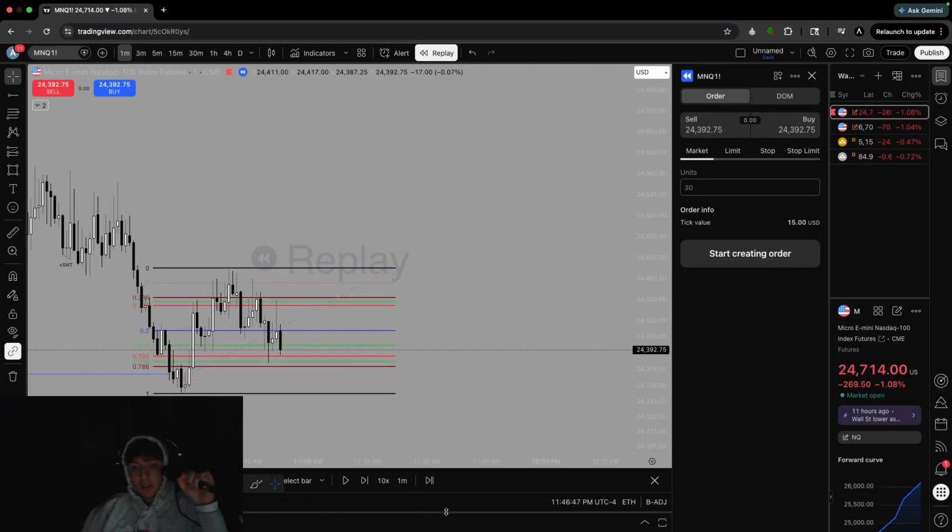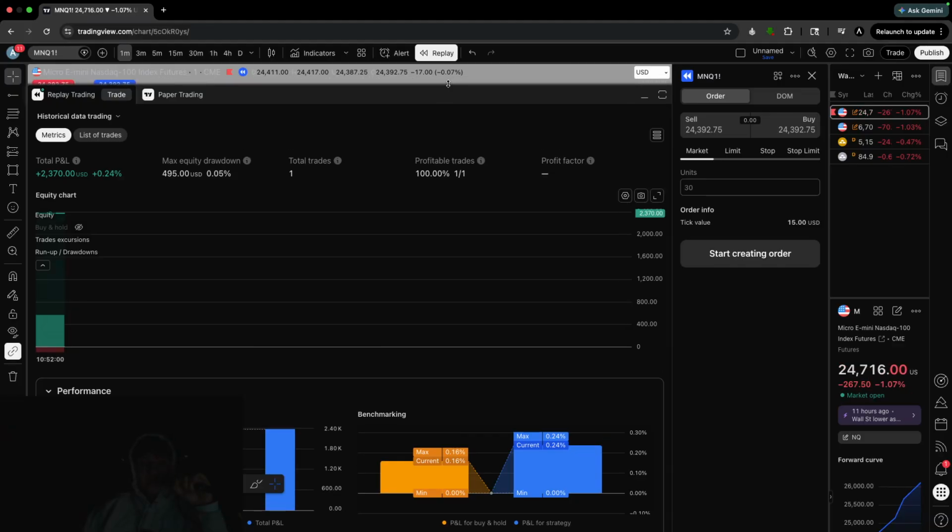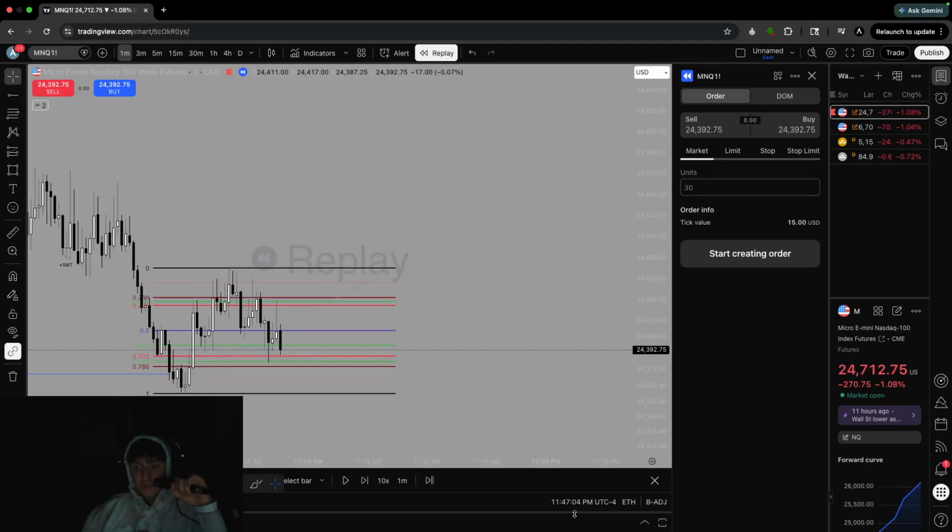Plus 2 bands. Why is there red? Oh, I was down $500 at one point. W trade.